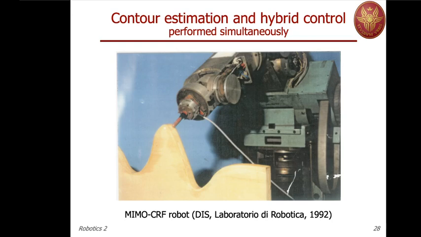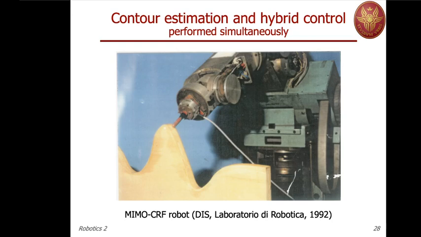So we didn't know even the exact surface, we just manufactured this at home. And we used the MIMO CRF robot with the Hungarian 64-star sensor for this, which is again essentially a 2D task. So this is a roller coaster profile, montagne russe in Italiano, that we should follow.